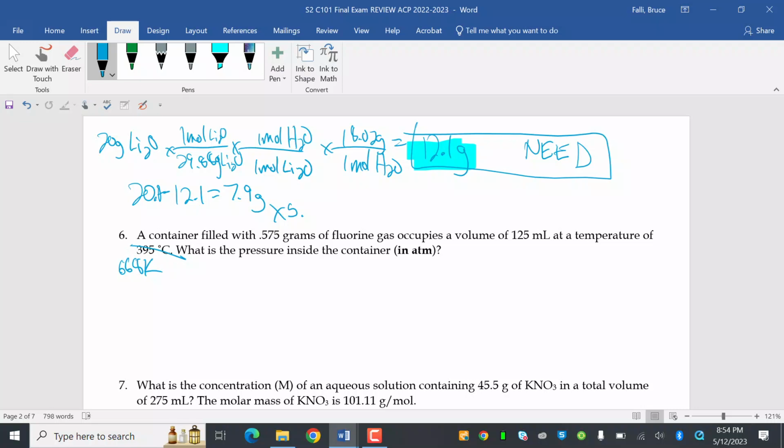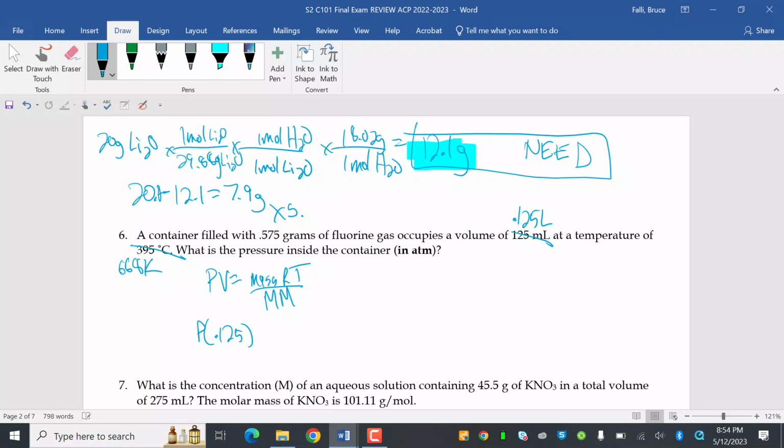So what I'm dealing with here is a PV equals nRT kind of thing. So the equation I like for this is PV is mass RT over molar mass. What is the pressure? That's what I'm looking for. I've got a volume of 125. No, I don't. 0.125 liters. Try and trick me.